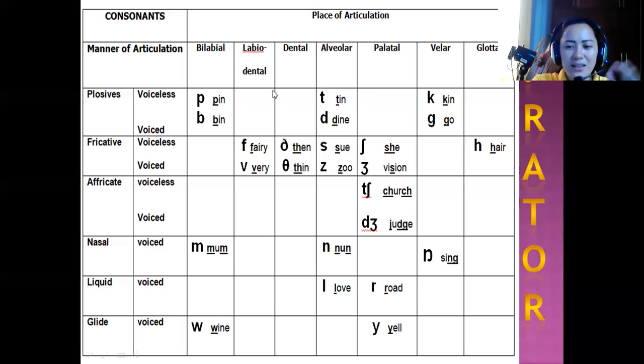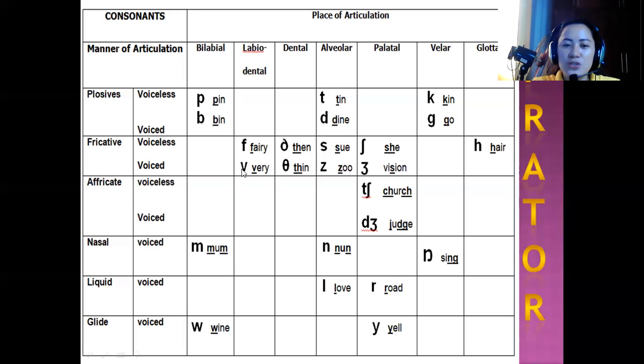So let's focus on the place of articulation first. The sound w is voiced, and also the m. So that's voiced. For labiodental, we have here the sound f and the sound v.